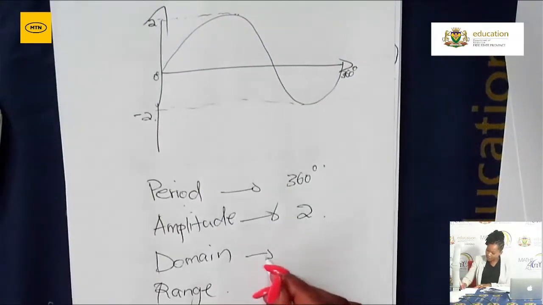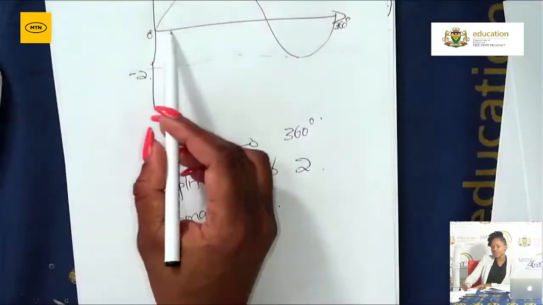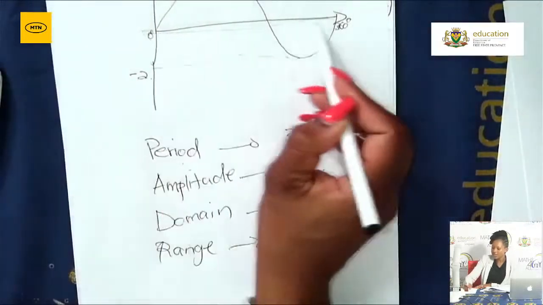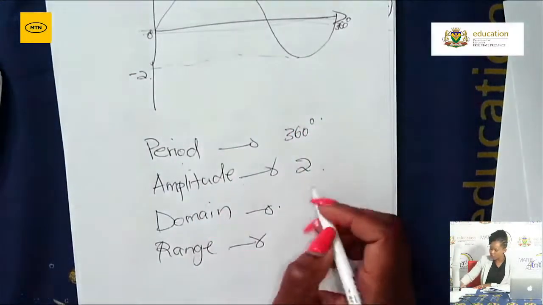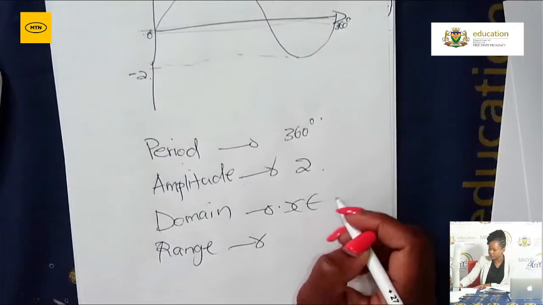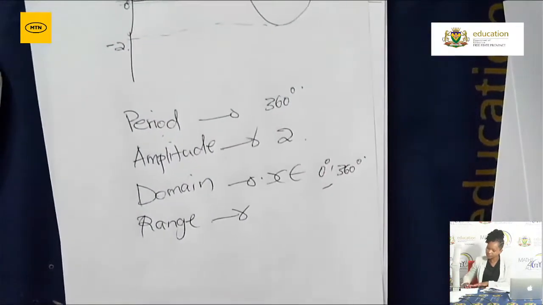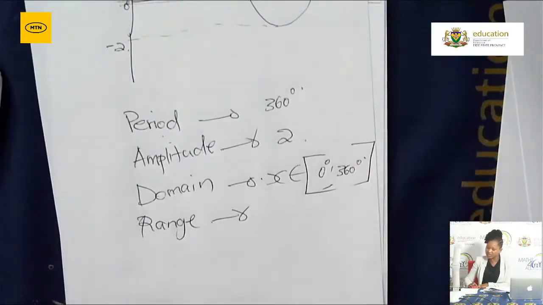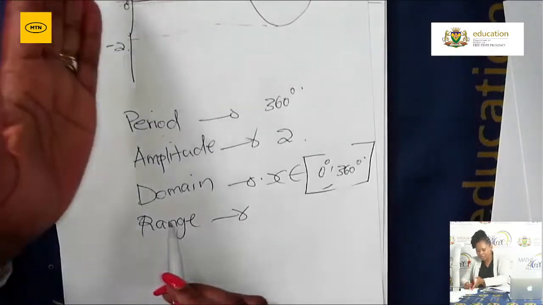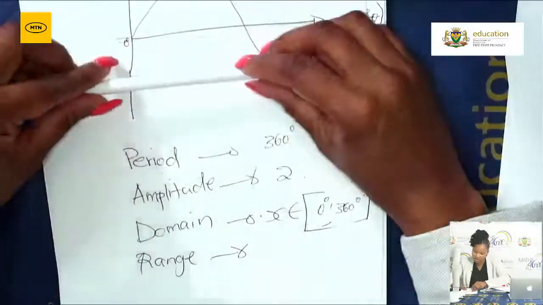And then your domain, when you talk about domain, you need to look at your x-axis. It is from 0 degrees to 360 degrees. So your domain, you just say x is an element of 0 degrees to 360 degrees, with 0 degrees included as well as 360 degrees included. When you come to range, it will be on the y-axis. So your minimum turning point is negative 2.